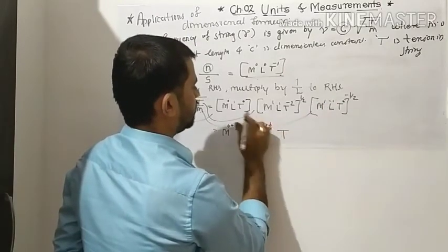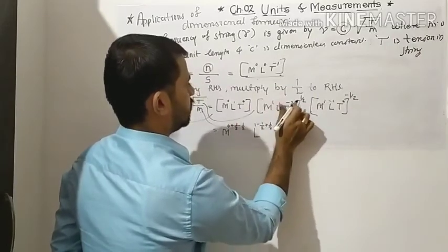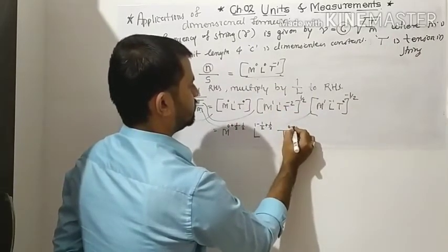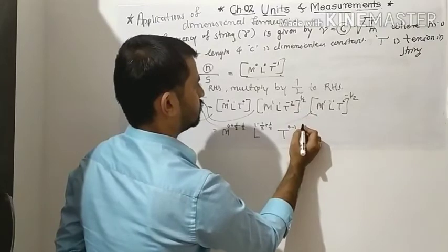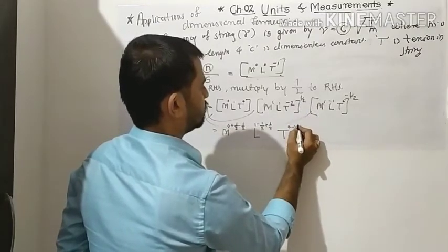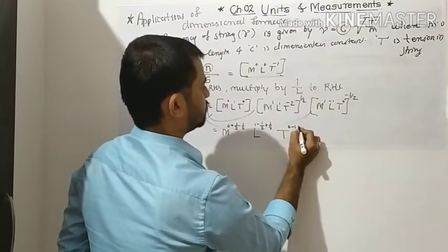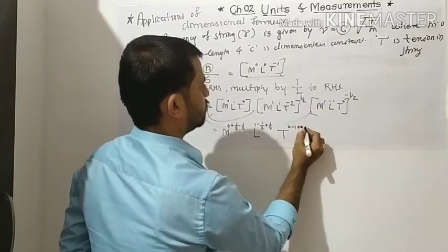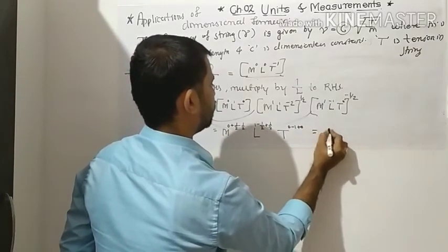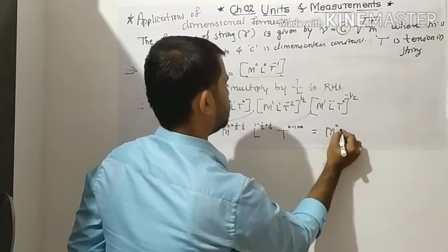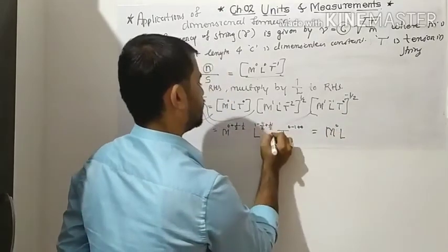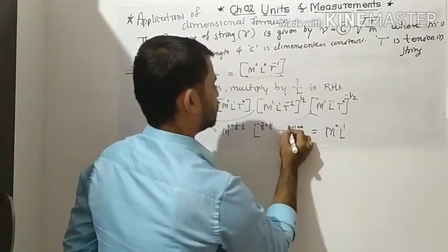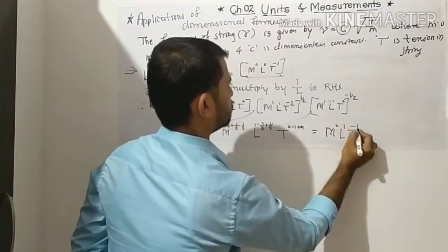Then for the T, it is 0 plus minus 1 plus 0. So we will get the formula as M raised to 0, L raised to 1, and T raised to minus 1.